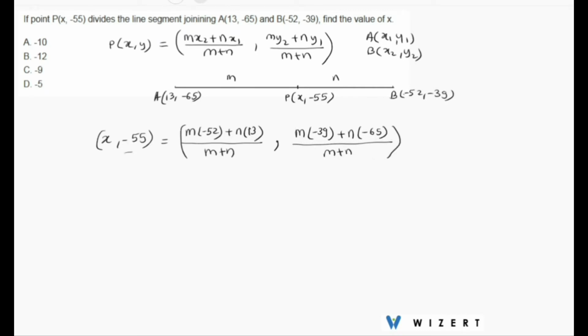Now by simply equating y coordinate with y coordinate, we can get the value of m is to n.